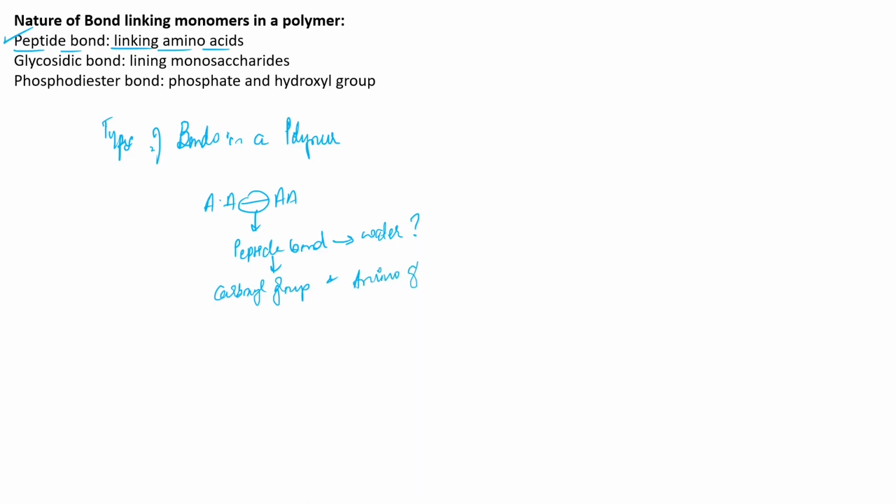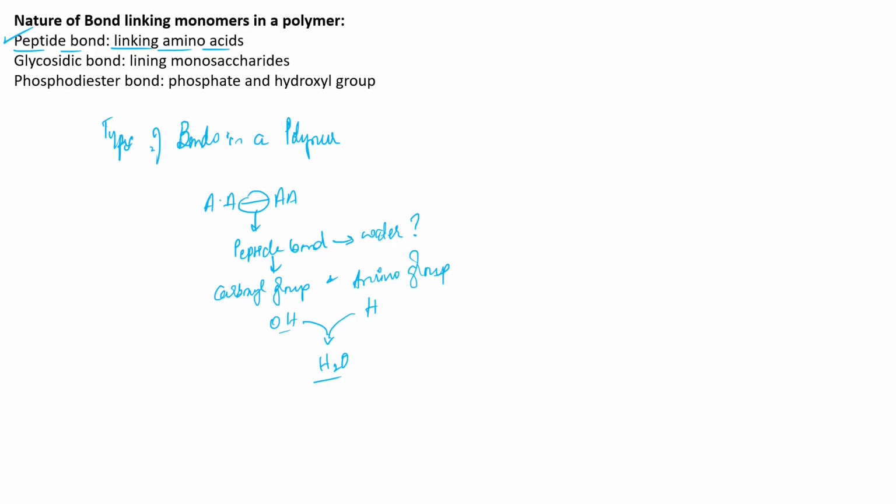One hydrogen from the amino group and the OH from the carboxyl group are both released, and this results in the release of a water molecule.